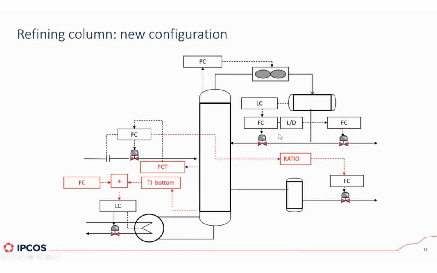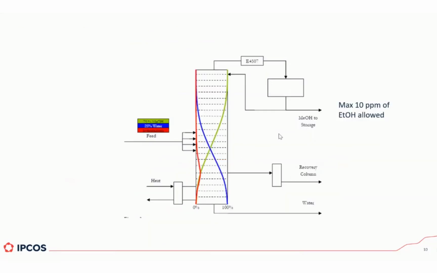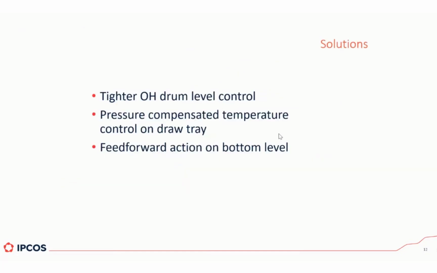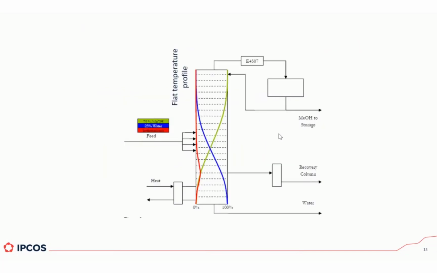So this is already, let's say, complex enough, but then if we add to this the fact that we need to meet the specification of 10 ppm, well, then it becomes even more complex in that sense. So, then in terms of base layer, what was done is, as I just described, pressure compensated temperature, tighter level controllers, and feed-forward actions.